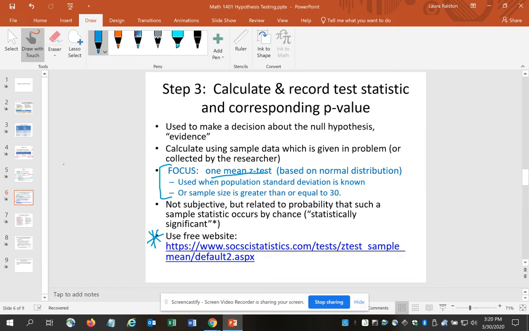And it's not just willy-nilly. You don't just calculate it and automatically say, well, okay, there's very little subjectivity here because we're going to relate it back to what's called the p-value and whether or not our test statistic is what we call statistically significant. I've got to talk a little bit about some theory here to help you understand what we mean by the idea of, is my value statistically significant? So I want to talk about that for just a minute.